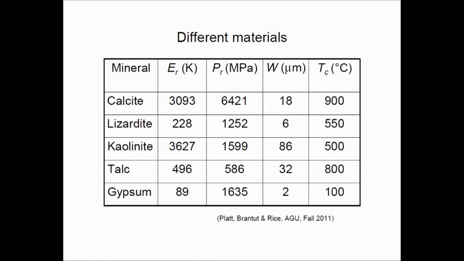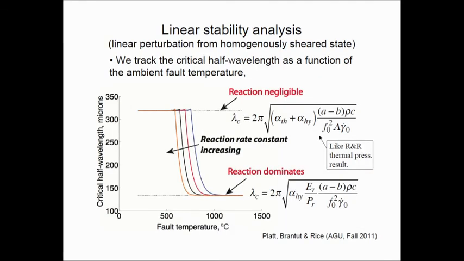From that, we can make elementary estimates of what we think thicknesses in microns of localized zones might be, and also representative temperatures when you would expect to see this decomposition. They're all less than the melting temperatures of the corresponding rocks.